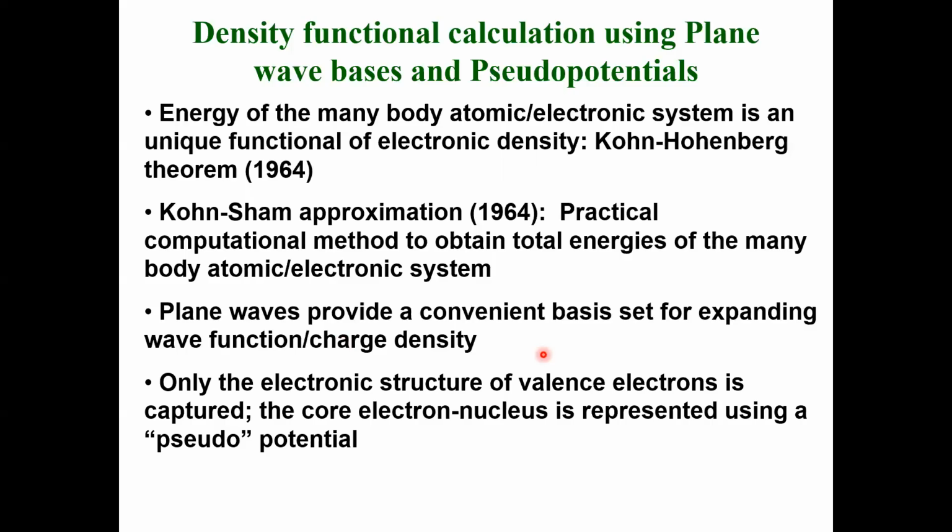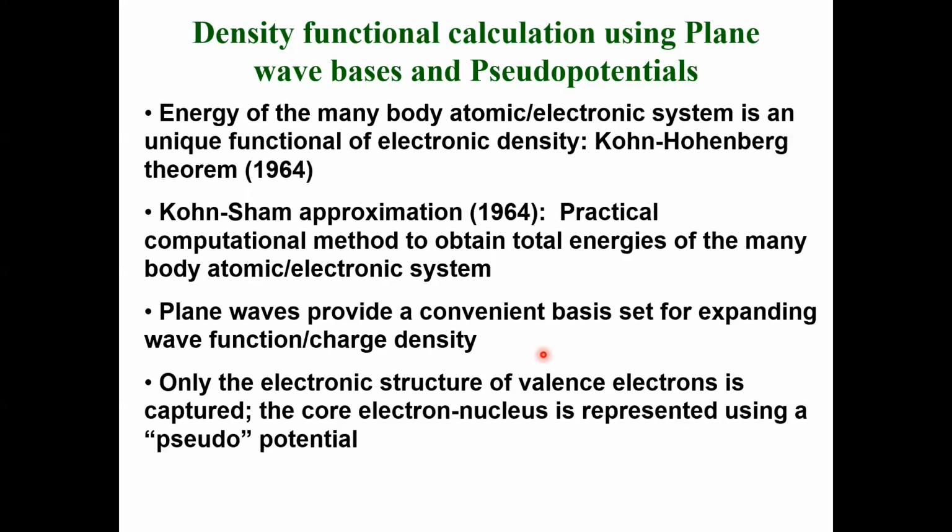So another approximation is when you are thinking about chemical bonding. Let's take an atom, say lithium. Lithium has 1s2 electrons, 2 electrons in the 1s orbital, and 1 electron in the 2s orbital. When you're thinking about the chemistry of lithium, the electrons in the 2s orbital play a more important role compared to the electrons in the inner orbitals.